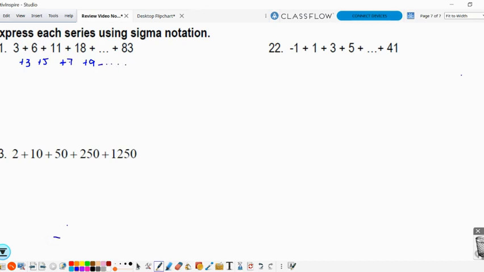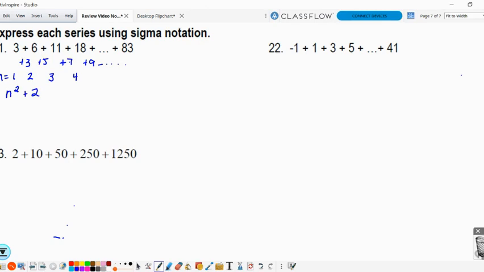Which means we have to establish how we're going to generate 3, 6, 11, 18 explicitly from their position. So 3 is the first term, 6 is the second term, 11 is the third term, 18 is the fourth term, and so on. And if we are looking to transform these positions 1, 2, 3, and 4 into the numbers 3, 6, 11, and 18, we would need to square each position and then add 2.